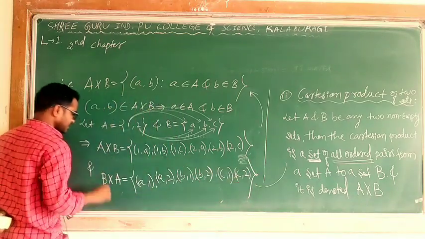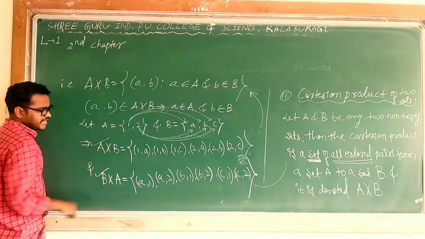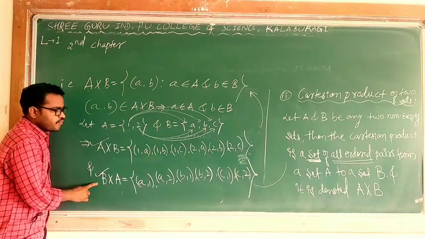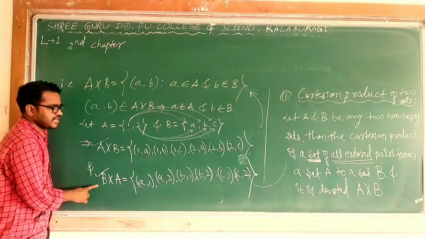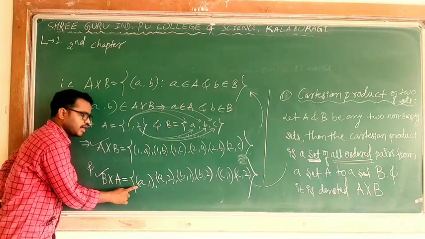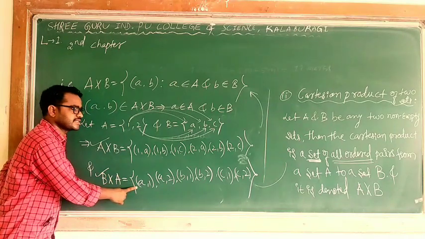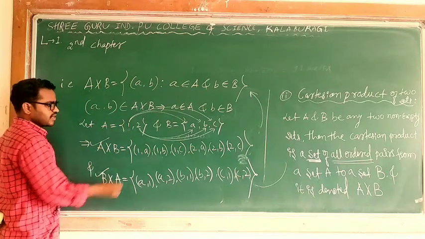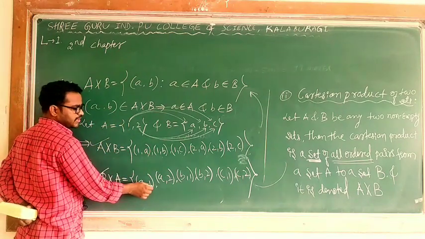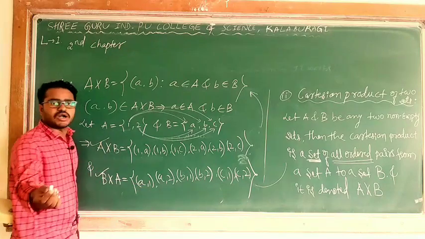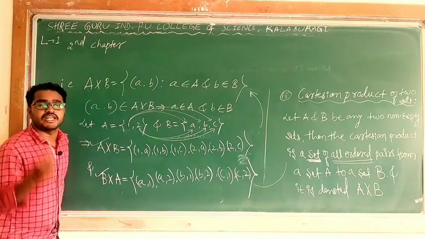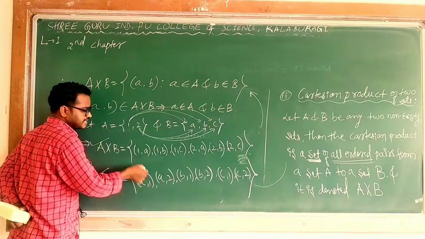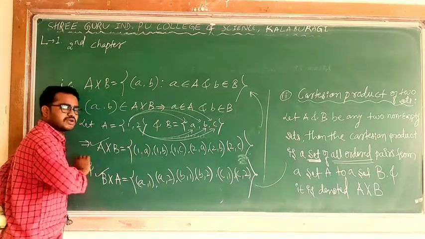Is A cross B equal to B cross A? Let us check. When two Cartesian products are equal, their ordered pairs should also be equal. Can I say (1, a) is equal to (a, 1)? No. Whenever two ordered pairs are equal, their corresponding elements are equal. Because 1 is not equal to a, and a is not equal to 1, these two ordered pairs are not equal.